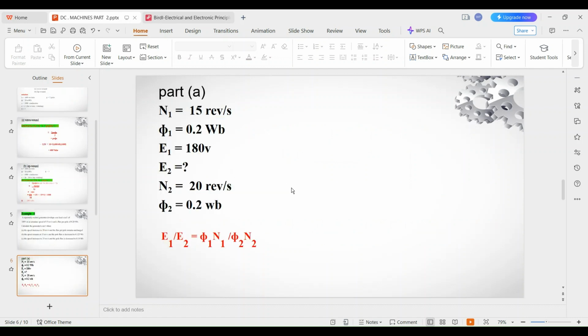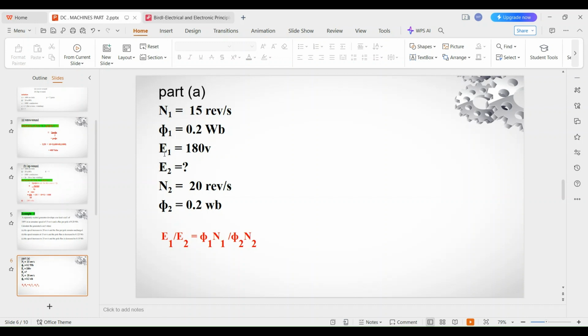Okay, let's try to solve that question. Part A of that question is asking us to calculate the generated EMF if the speed increases to 20 revolutions per second and flux per pole remains unchanged. We can see that N1 is equal to 15 revolutions per second, flux 1 is equal to 0.2 Weber, E1 or generated EMF is equal to 180 volts, sorry.